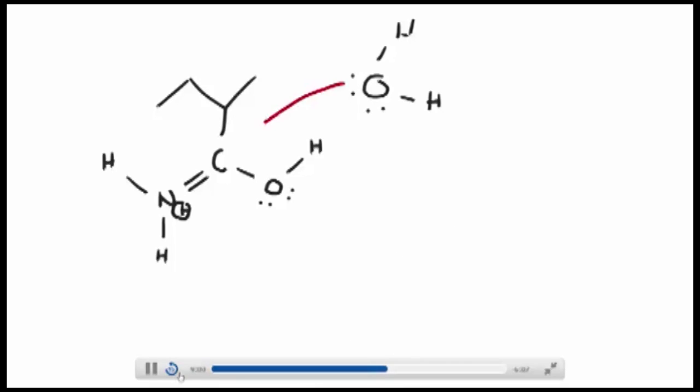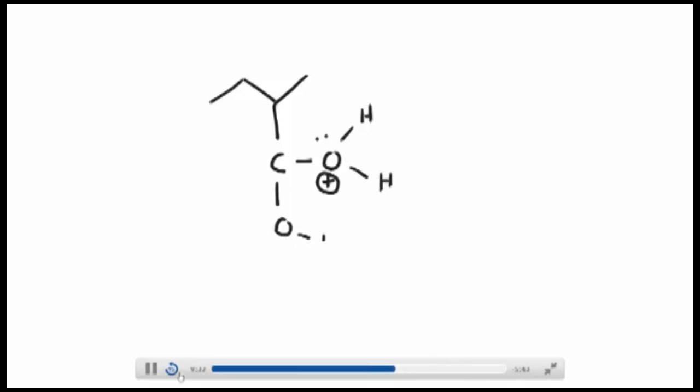So the solvent, the oxygen of it, will add to the carbonyl carbon and break the pi bond to make a protonated tetrahedral intermediate. This is the protonated tetrahedral intermediate that you make.